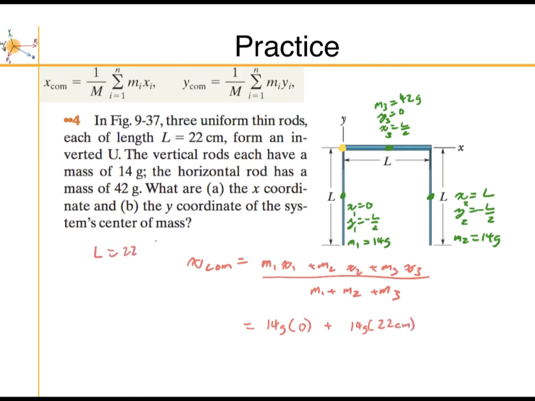Let's make a note of that, 22 centimeters. And then the third one, it's 42 grams times X for the third one, which is L over 2. So it's going to be at 11 centimeters. And that's going to be divided by the sum of all three of those masses, right? 14 grams plus 14 grams plus 42 grams.